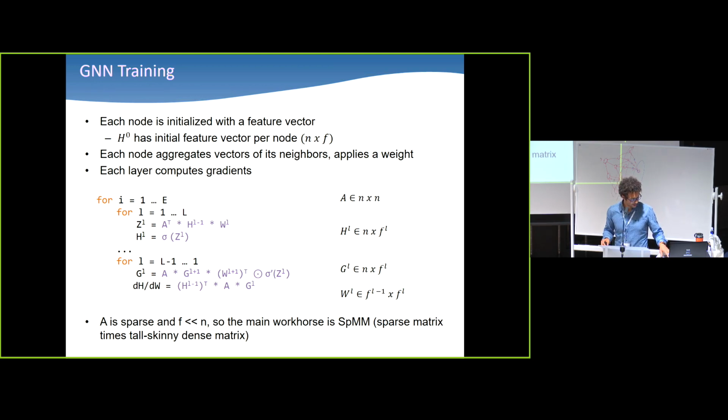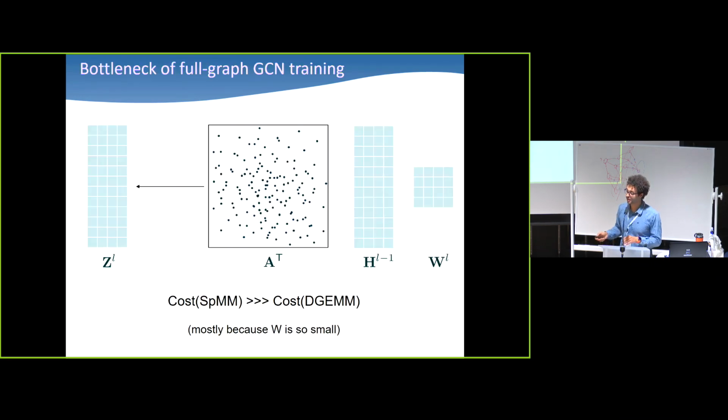So the main workhorse, whenever F is small, which it is, is the sparse matrix, tall skinny matrix multiply, which is this figure, right? So this is what represents the graph. This is all the embeddings so far in layer L-1. This is the learnable matrix. And then once I update this, I get essentially embeddings for the next layer, layer L. And I keep doing this for forward iteration, and I do a similar computation in the backward backpropagation.